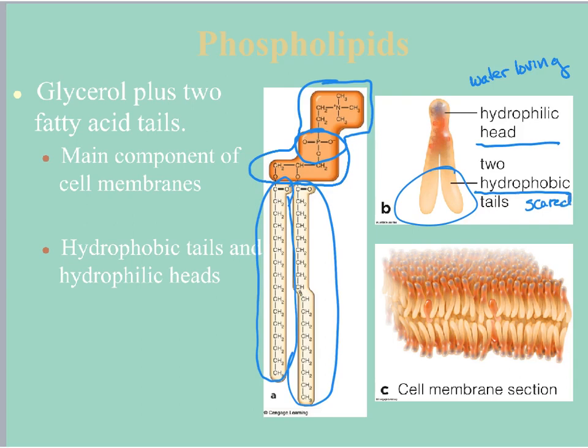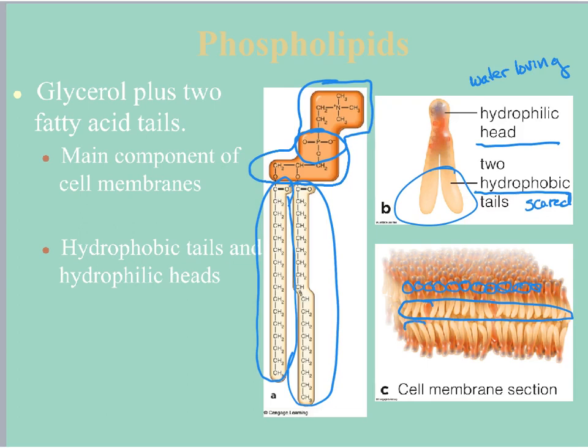And what happens is you get these phospholipids lining up end to end to end. So see all these heads right here? So you see them lining up like this. All the heads are facing in one direction, and all of the tails are facing in another. And that lines up with another layer of phospholipids below it that's organized in the opposite direction.